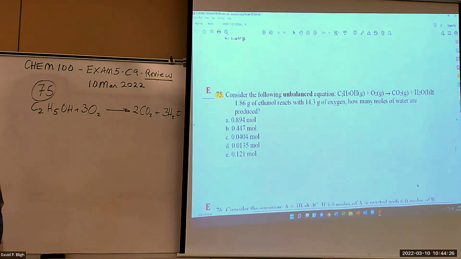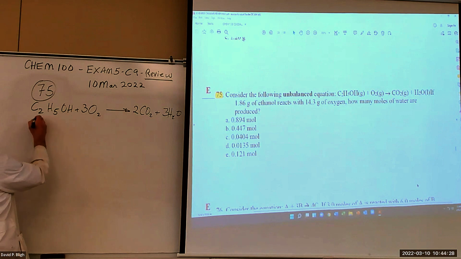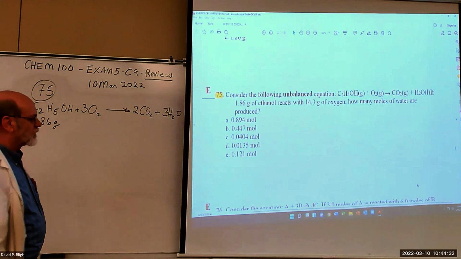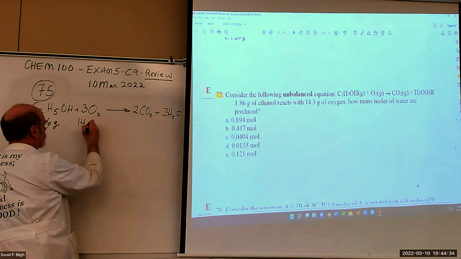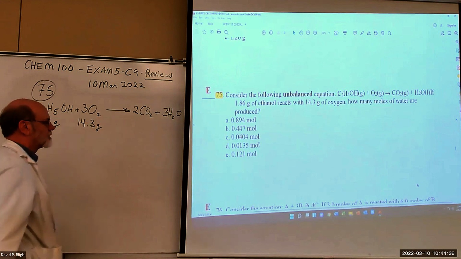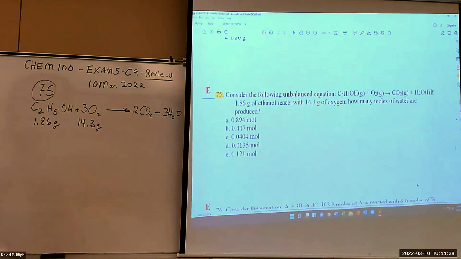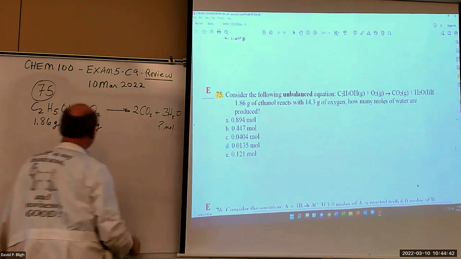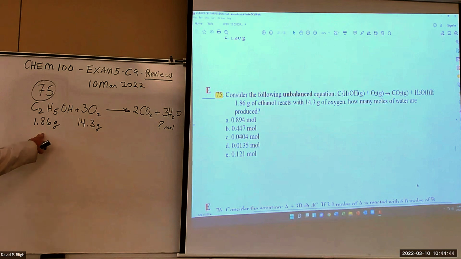All right, now what are we getting? 1.86 grams of ethanol reacts with 14.3 grams of oxygen. How many moles of water are produced? We've got a limiting reactant here somewhere. So we have to calculate it again.